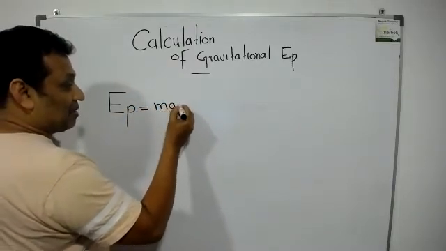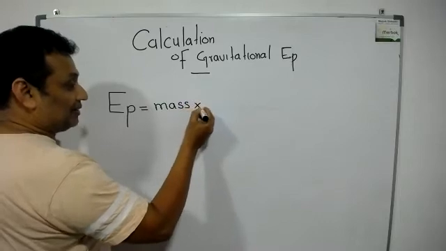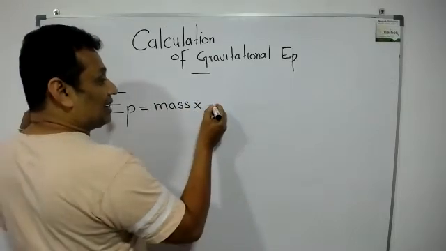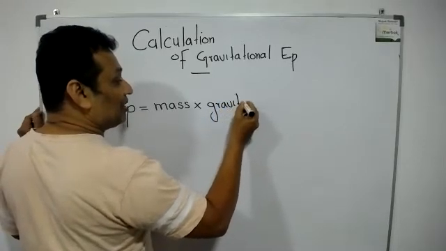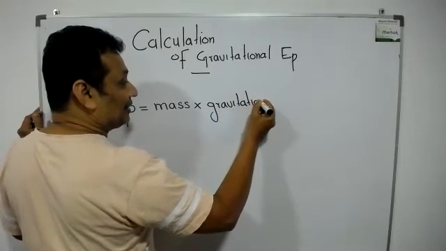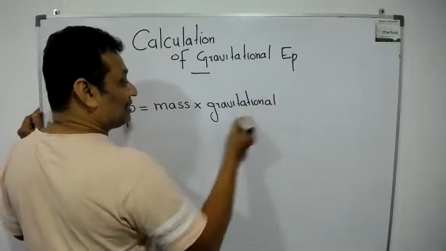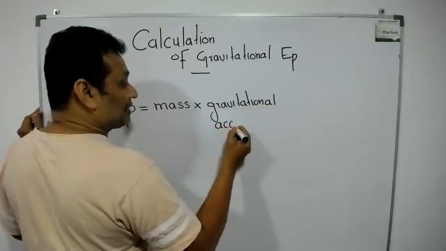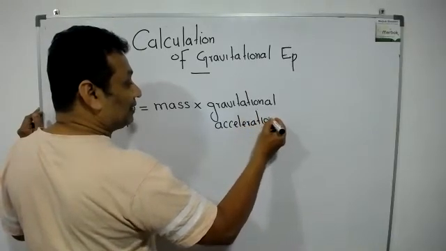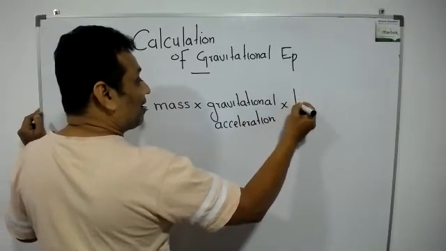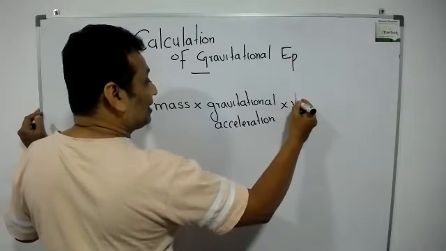Mass multiplied by gravitational acceleration multiplied by height, that is vertical height.